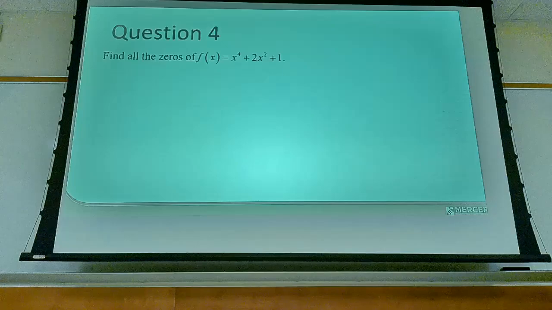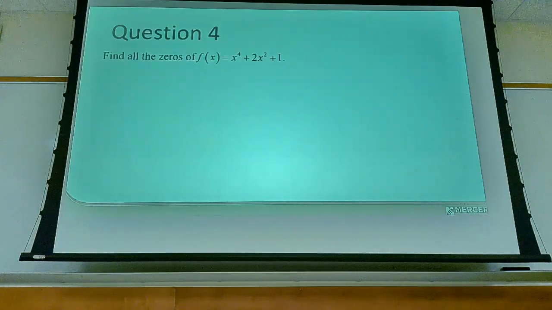Rationals. So the rational zeros is 1, or 0, or 1, or infinity, negative 1, negative infinity. It's always plus or minus. Oh, yeah, that's right. Plus or minus.